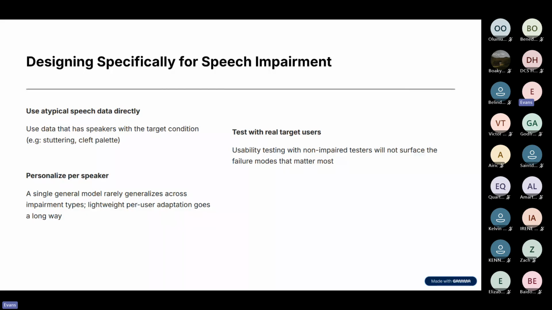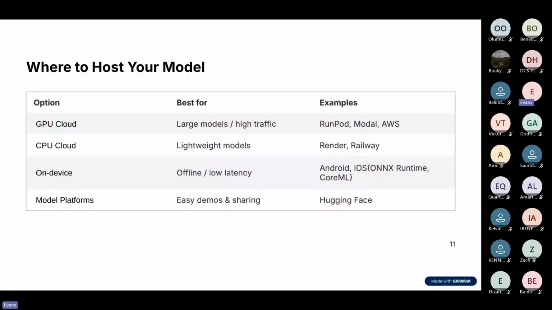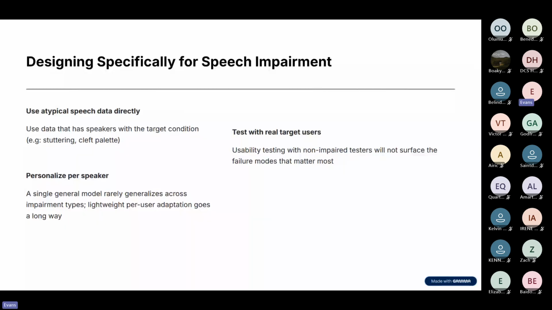You don't want to design a model, and after training, just test with the test data, or the train data you used to train. You want to test with the actual humans. All right, so I'll pause here, then invite questions.